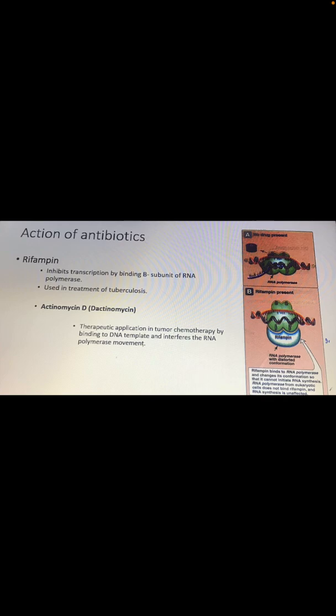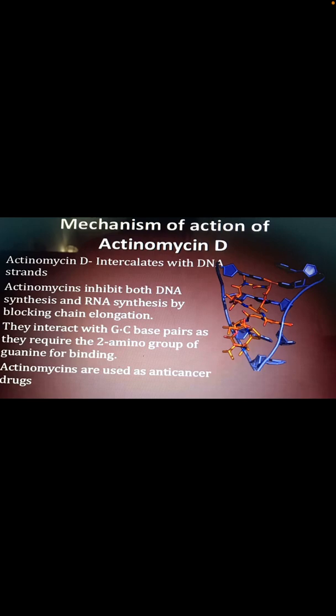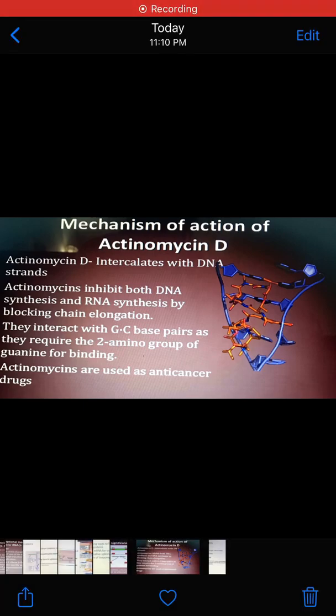Then coming towards actinomycin, its therapeutic application is in tumor chemotherapy by binding to the DNA template and interfering with the RNA polymerase movement. The mechanism of action of actinomycin D is that it intercalates with the DNA strands. Actinomycin inhibits both DNA synthesis and RNA synthesis by blocking elongation. They interact with GC base pairs as they require the 2-amino group of the guanine for binding. Actinomycins are used as anti-cancer drugs.